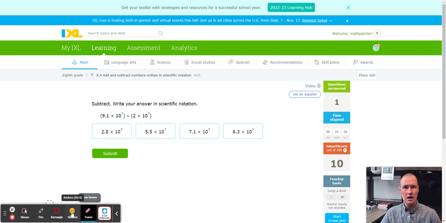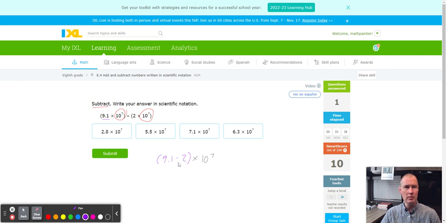All right, remember, do your 2 checks. Check number 1 is we are subtracting. Check number 2, watch your exponents. Notice the exponents are still the same, but they will not always be the same for long. All right, so we have 9.1 subtract 2, and your 10 to the 7th, let's leave it alone, times 10 to the 7th.